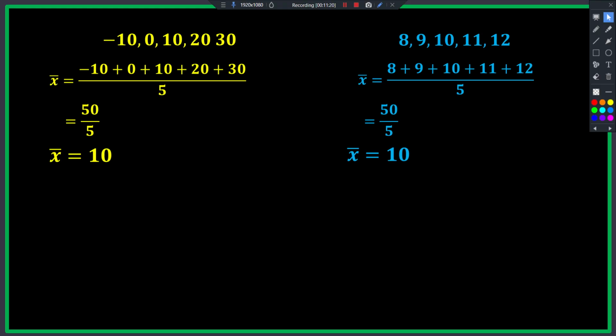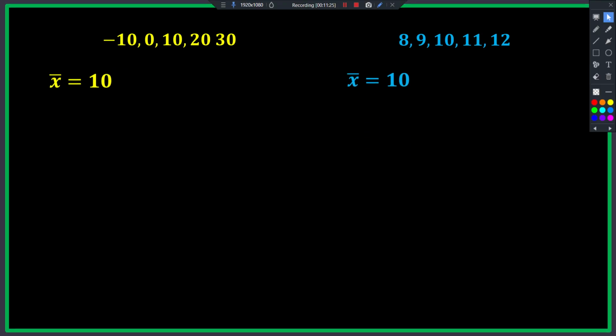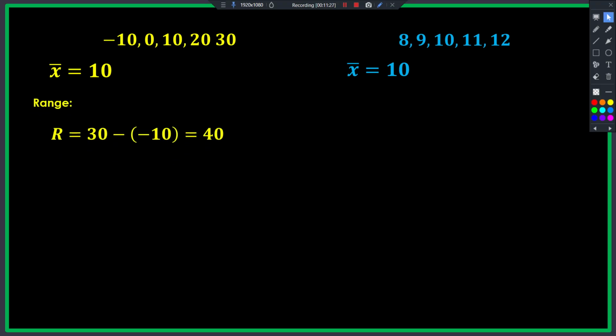So they have the same mean. As you can see, they have the same average. And getting the highest and also the lowest score is important as well. The highest score is 30, subtracted with -10. That's the first one, and we have 40 here. And also 4 here, the range. So they are really different in terms of the measures of variability because of the scores. As you can see, they are not really near to each other.